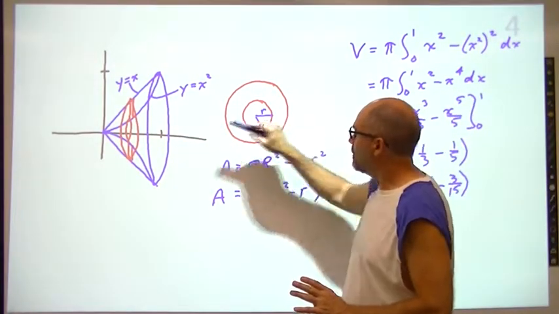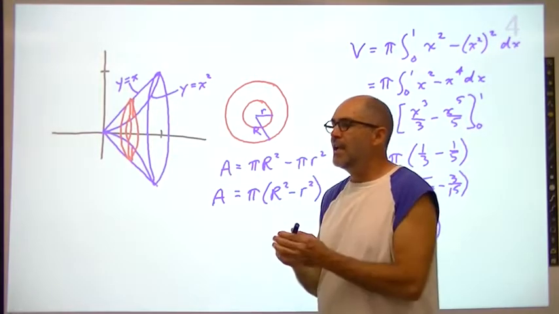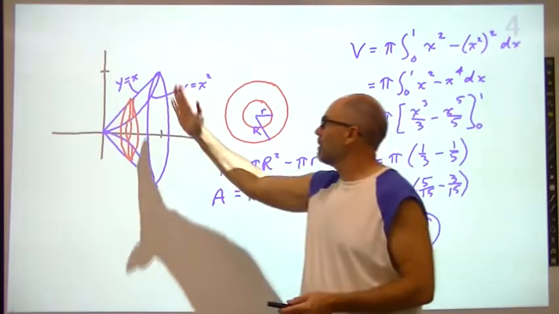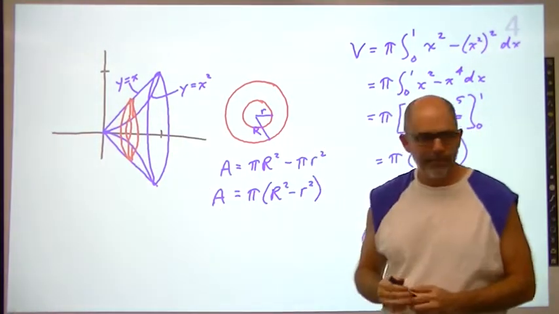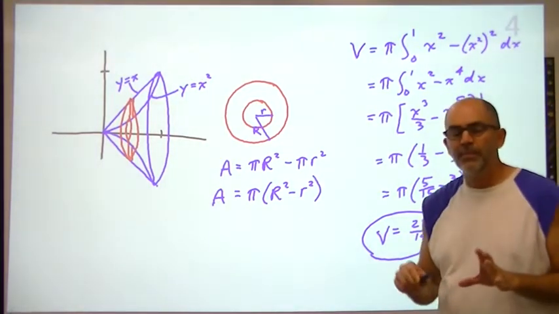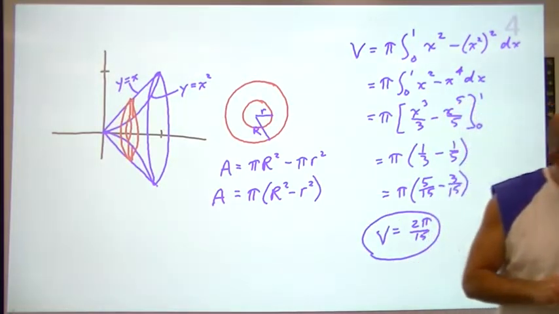All right, so this is the washer method, and it is called the washer method because we've got more than one function, and so we're not just measuring the volumes of each disk, we're measuring the volumes of each washer. Okay, now, another example where you're going to see washers is if the axis of rotation is something other than the x or the y axis.